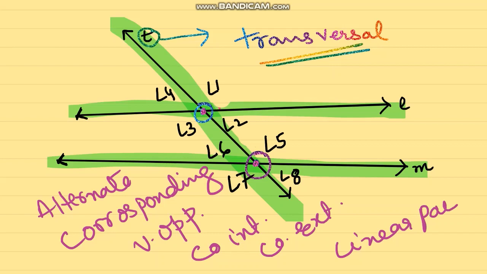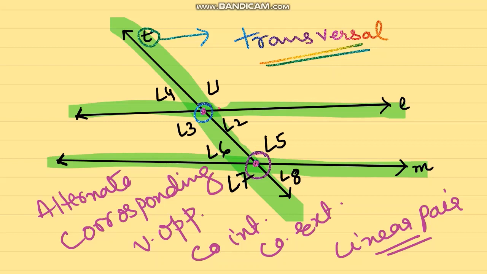So these are all the angles which you should remember when you are talking of two lines intersected by a transversal.